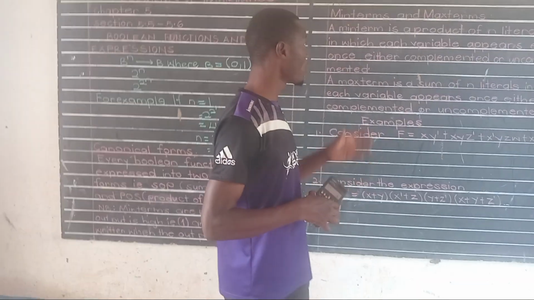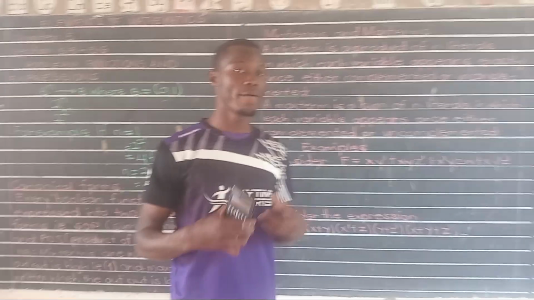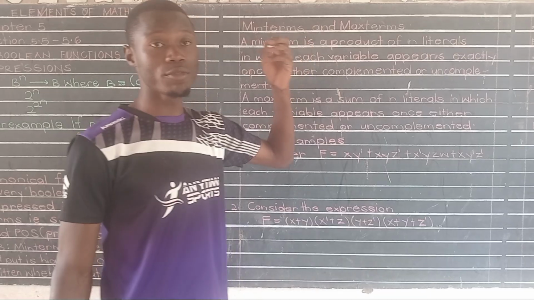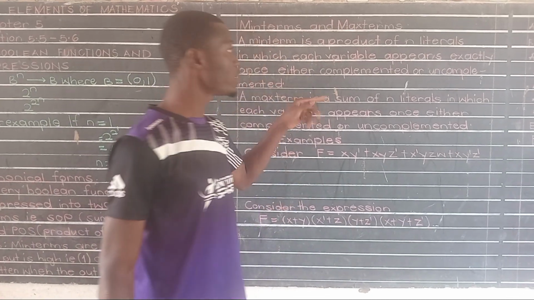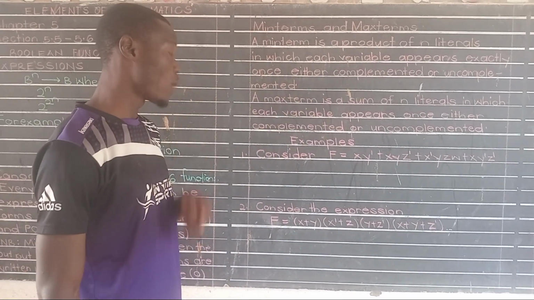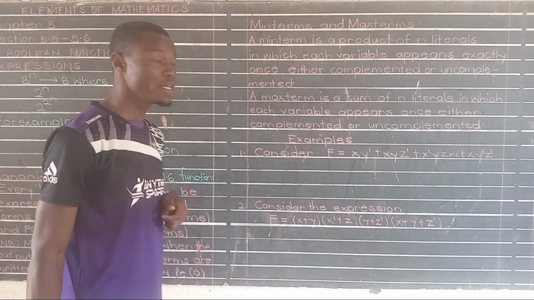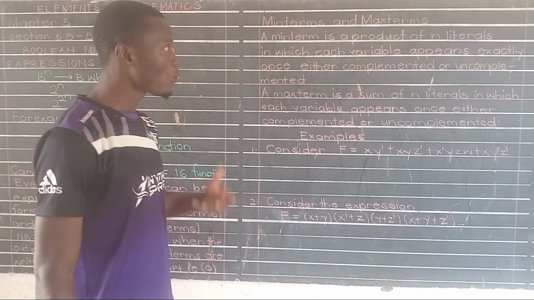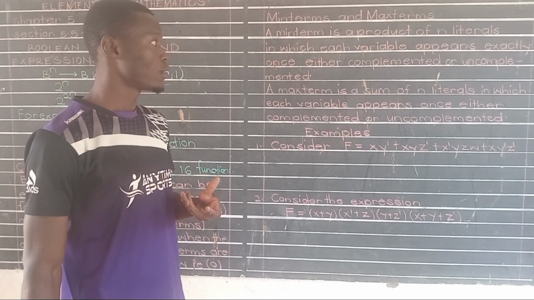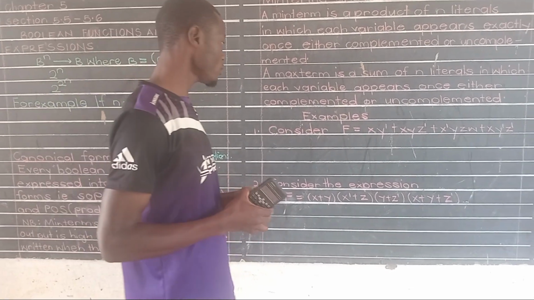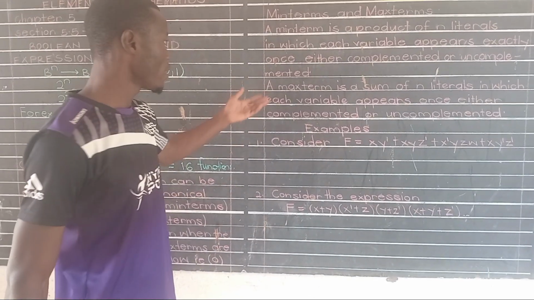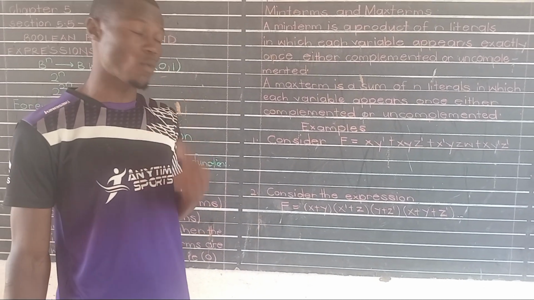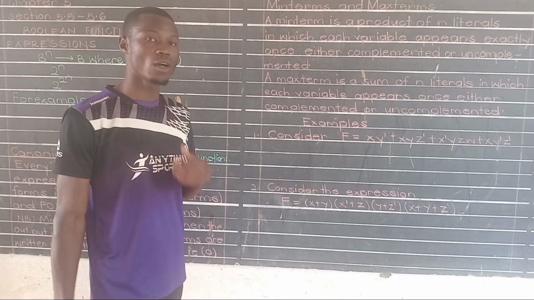So here we can talk about the min terms and the max terms. A min term is a product of literals in which each variable appears exactly once, either complemented or uncomplemented. A max term is the sum of literals in which each variable appears once, either complemented or uncomplemented.